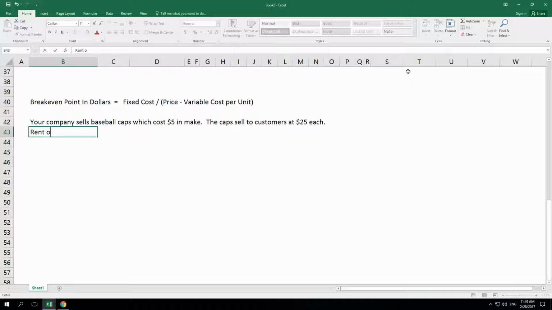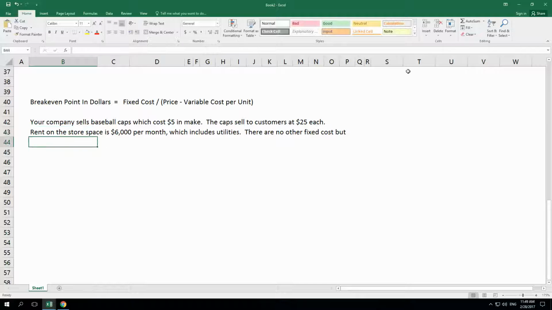Rent on the store space is $6,000 per month, which includes utilities. And we'll make it simple: there are no other fixed costs.